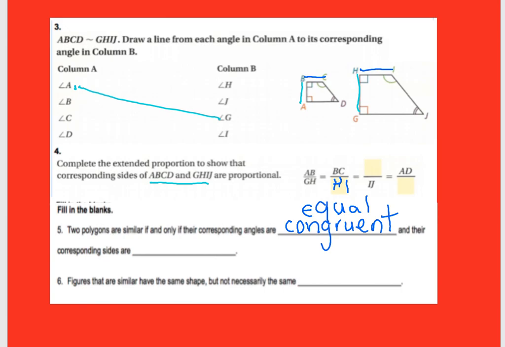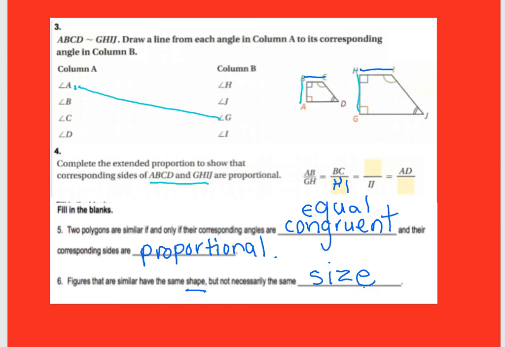Proportional. Very good. Who was that? Braden Hunt. Wonderful. Their corresponding sides are proportional. Okay, figures that are similar have the same shape, but not necessarily the same what? Size. Size. Very good. Okay, so there's your main ideas for the whole unit right there.